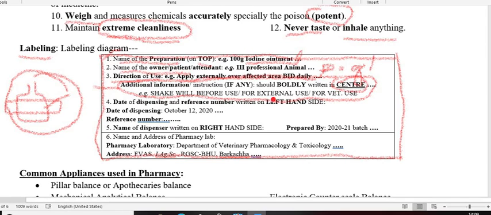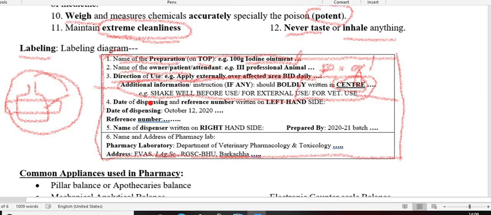If the solution is not well soluble, write shake well before use. If this is a preparation for external use, write for external use. If it is a vet preparation, write for veterinary use only. These things are written as additional information at the center of the white sheet.